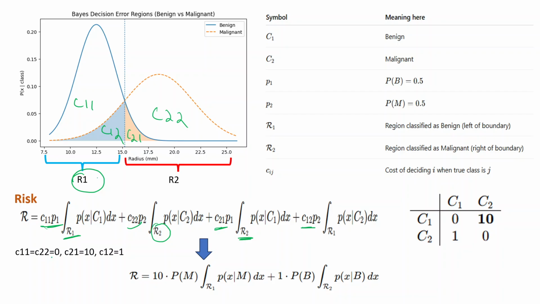Now in this one, if I put C11 and C22 as 0, this is the correct classification.